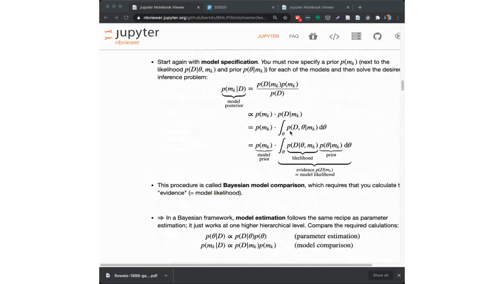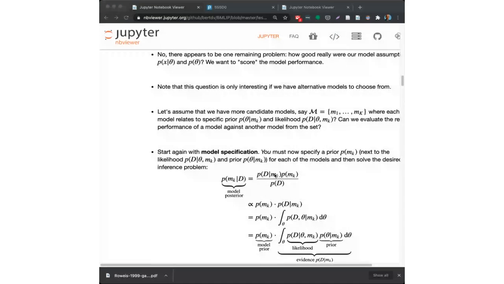I only really care about the numerator. The normalizer, this evidence, will make sure that this is going to be normalized. But I often don't have to compute it.